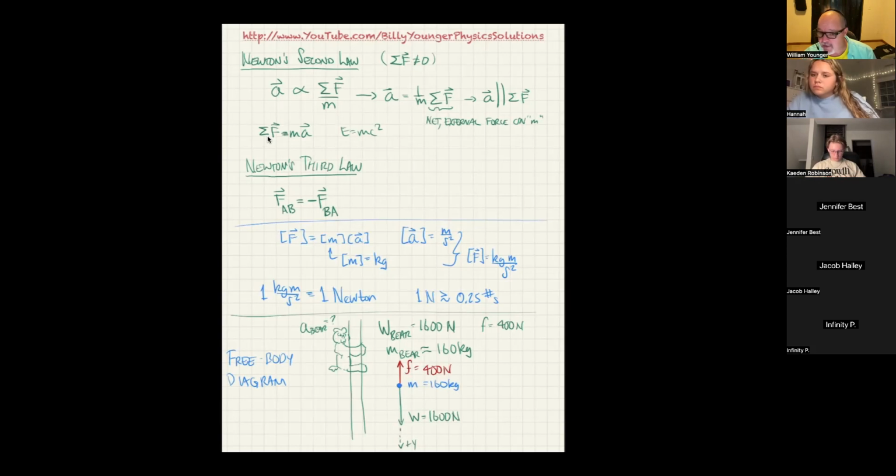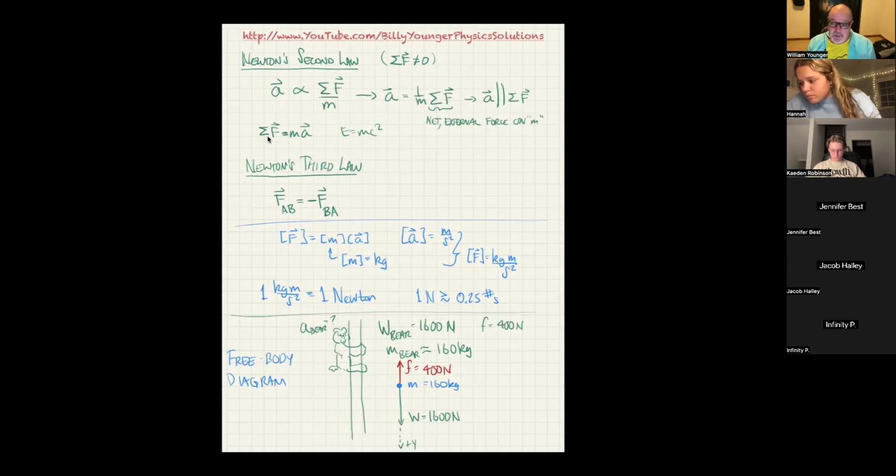So if we're trying to calculate F equals ma, where m is the bear, the only things that matter are the things touching m and then one other thing. Okay. So what we have is the friction between the bear and the tree. So that accounts for the bear touching the tree.